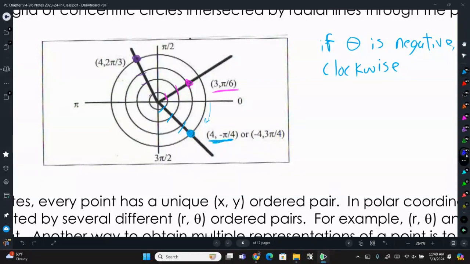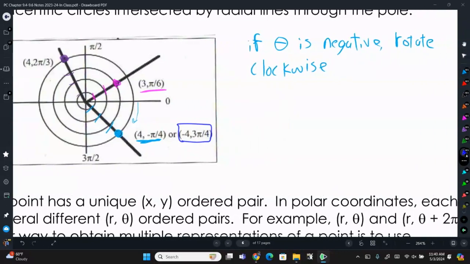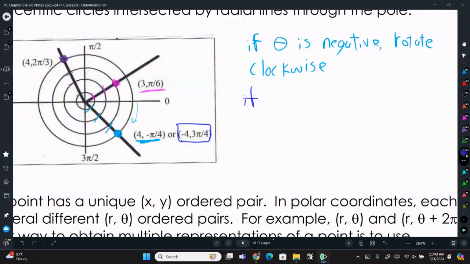You may be wondering, well, what's this then? Negative 4 comma 3 pi over 4. That angle is positive, yeah, but the r value is negative. So if r is negative, we flip over the pole, or the origin.